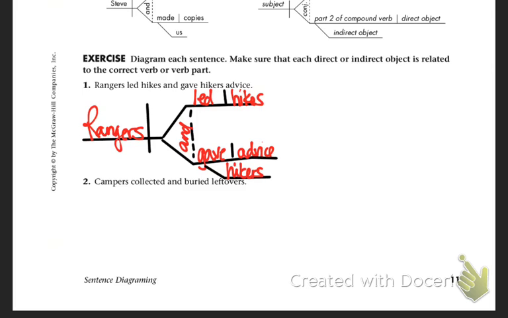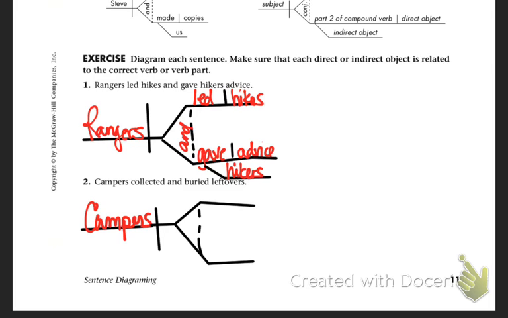Campers collected and buried leftovers. Let's take a look at that one. What goes first? How many subjects do we have? One. Campers. Let's put campers in. Okay, so now I need to do my subject predicate line. And I know that they collected and buried, right? So we need to do the two, collected and buried.